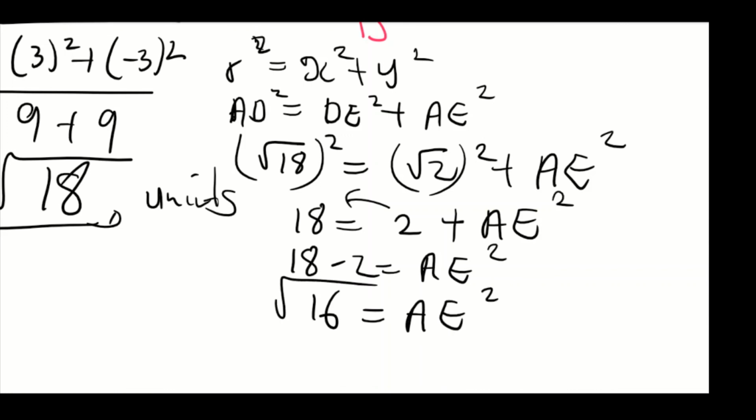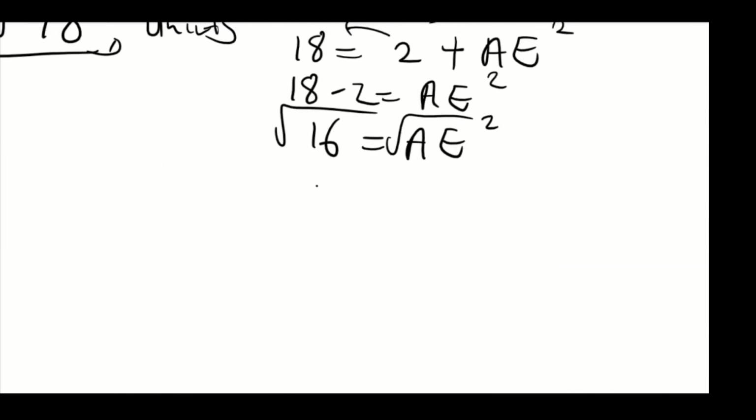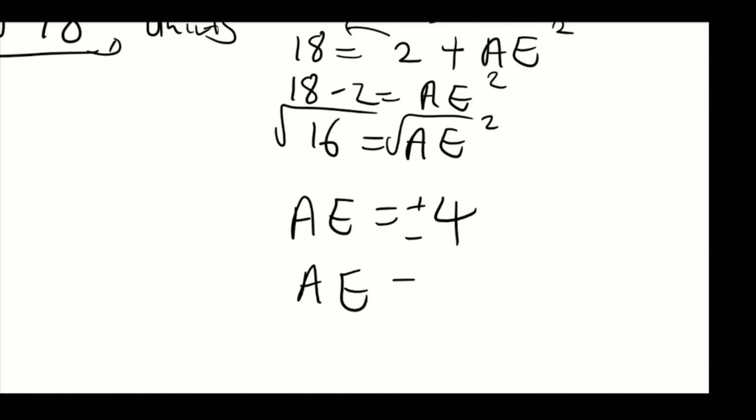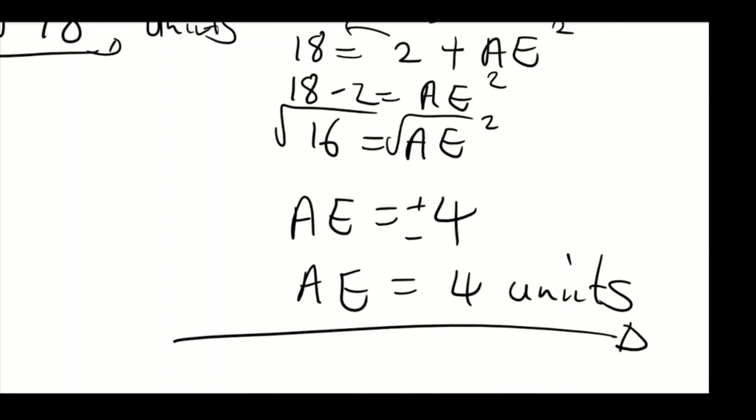And find the square root of this, you're going to have AE being equals to 4. So it's plus or minus 4, but because we are looking for a length, we're just going to take a positive sign. So it's 4 units. So this is the length of AE.